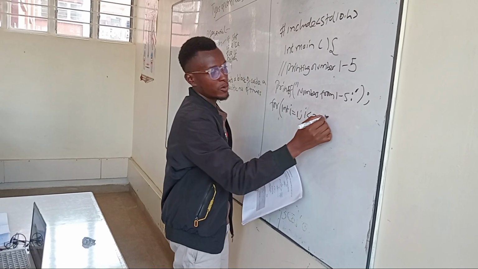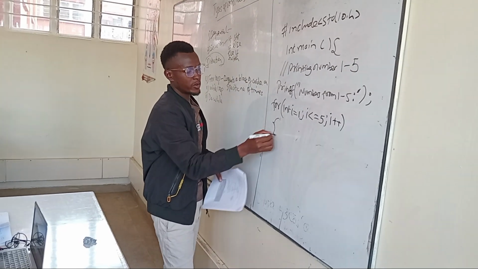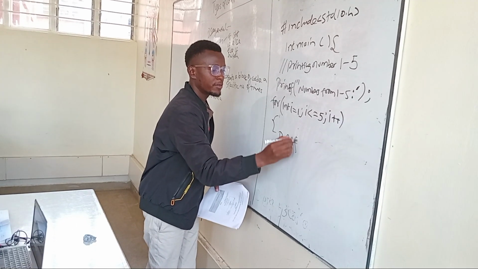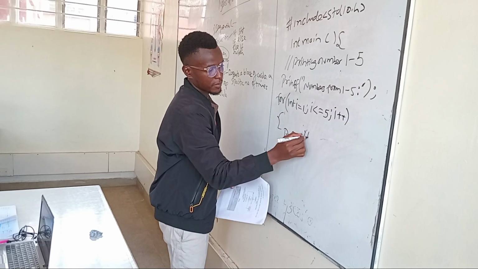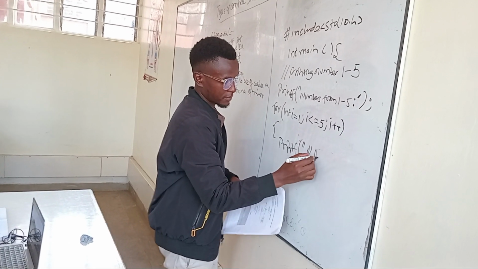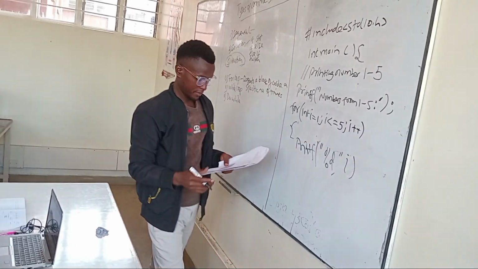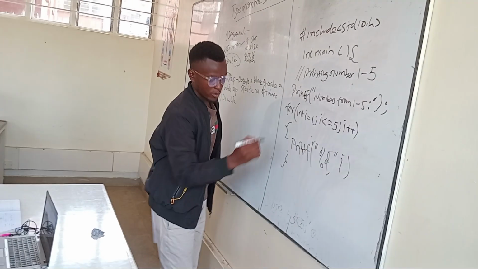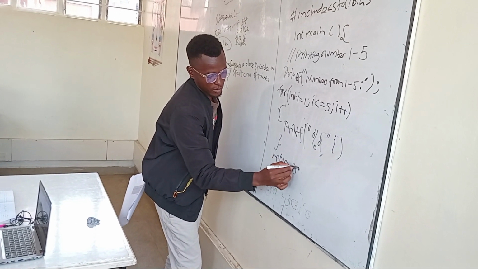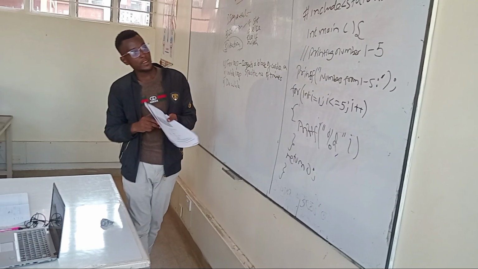Then you increment i. Then printf("%d", i), you print i. And then you close your braces and return 0. Then you close the other brace.